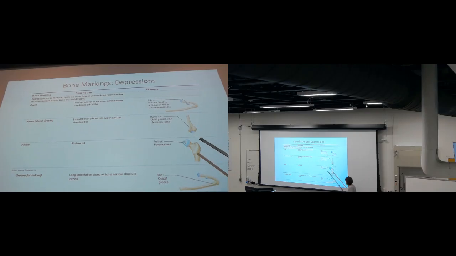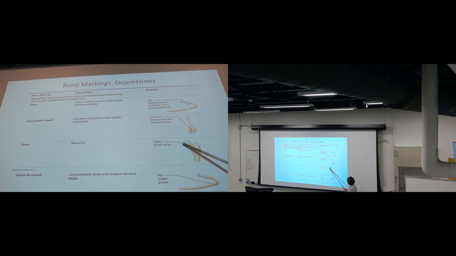Now, foveas are shallow pits. In this case, we are looking at the proximal end of the femur, which is the thigh bone. This projection is actually called the head of the femur.